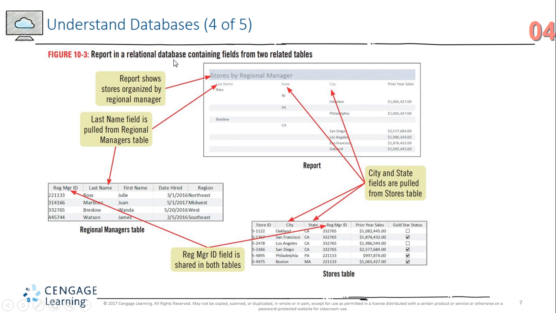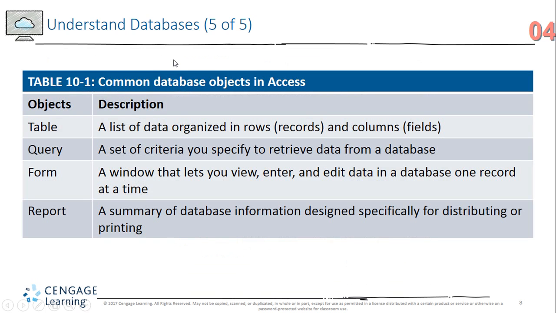All right, we haven't talked about a query yet, but here are the four objects that I just mentioned. A table is a list of data organized in rows for the records, and columns for the fields. A query is a set of criteria that you specify to retrieve data from a database, similar to a Google search. You type in what you're looking for, and the Google servers will query their databases and return either web pages or whatever the question was that you input.